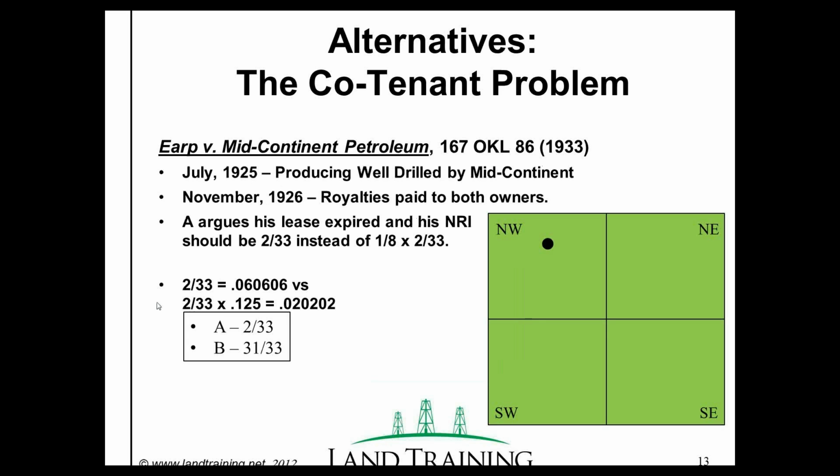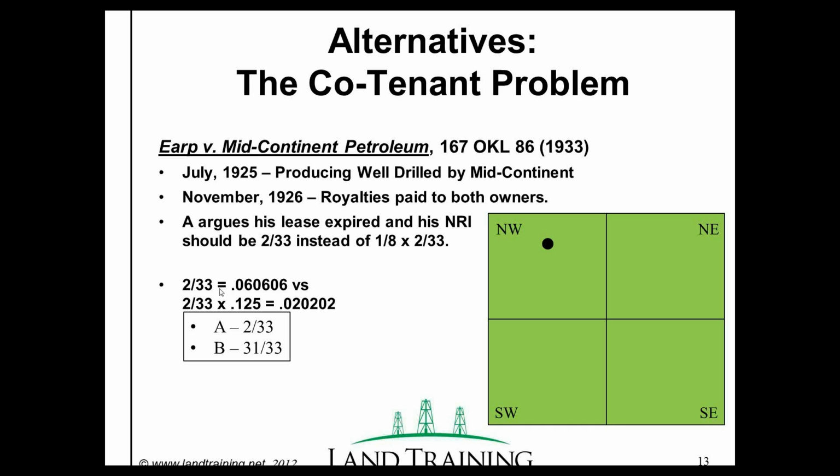Okay, so in essence, what Claude Earp would be getting would be a 0.060606 interest. Oh, he would have been getting a 2/33 times a 1/8. But he's saying, hey, my lease expired because my oil and gas company, Wagner, didn't drill on the land.